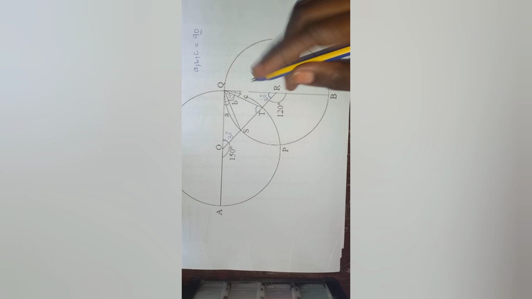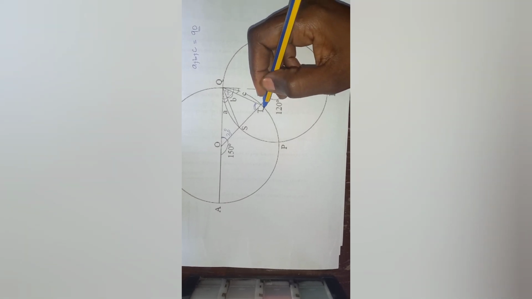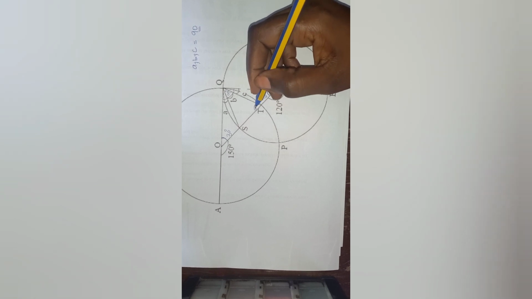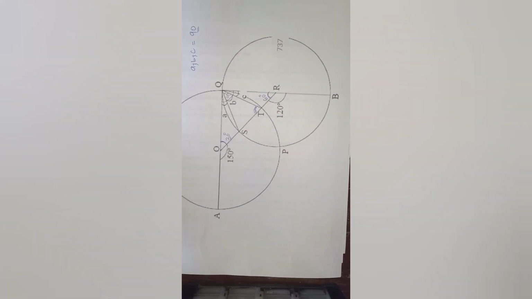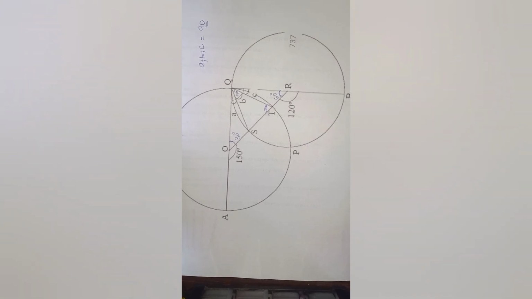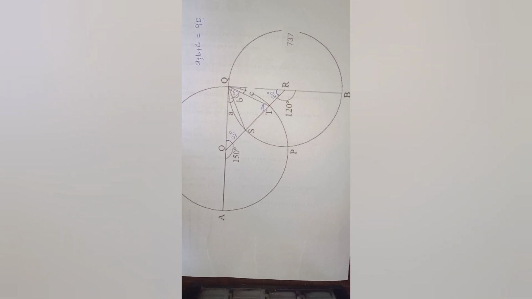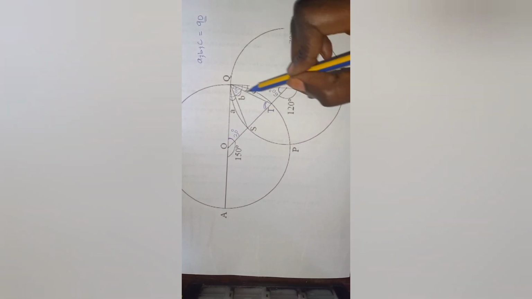That means to get this angle at T here, we'll take 180 minus 30. We'll get 150. Then that 150 is for the two angles.